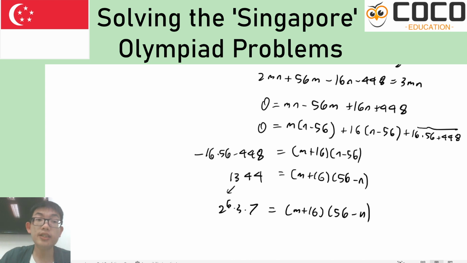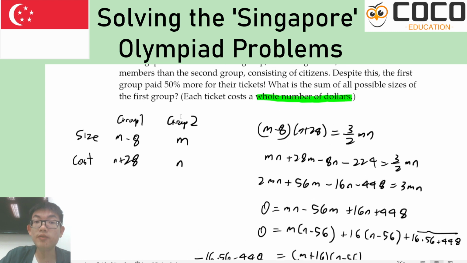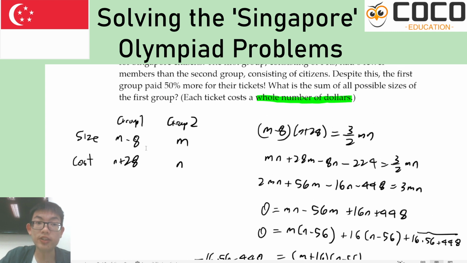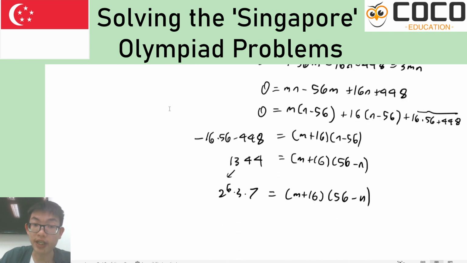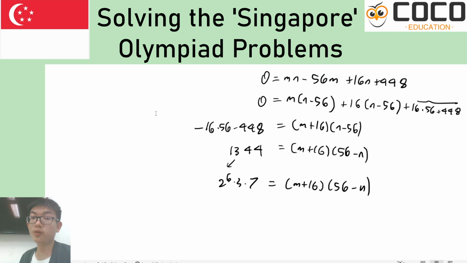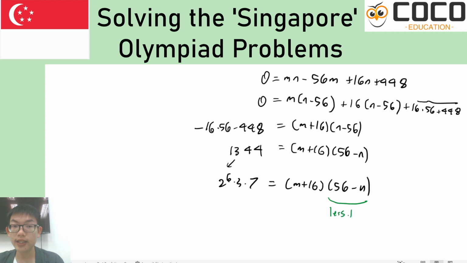Now, question is the sum of all possible sizes of the first group, which is m minus 8. So never mind, we just get all possible values of m and then we minus 8 from there. However, it would make more sense that we just ask ourselves, what are the choices here? This is going to be just anything less than 56.